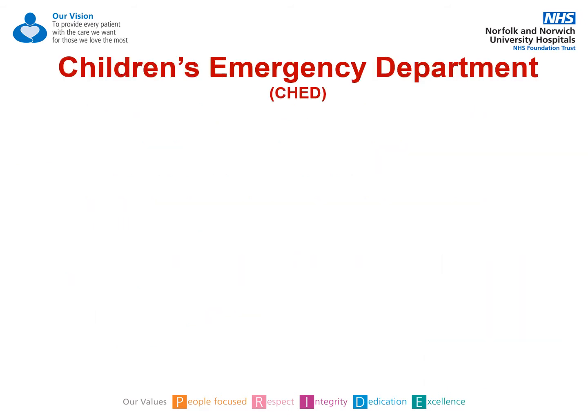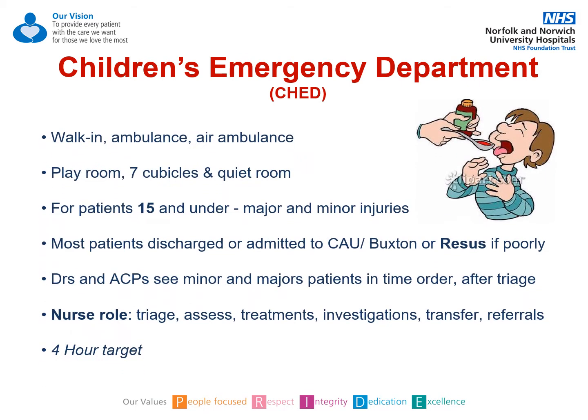So then we've got the Children's Emergency Department, which is shortened to CHED quite often. So CHED sees all patients that are 15 years and under. So anyone who is 16 and over actually gets seen in the adult areas.